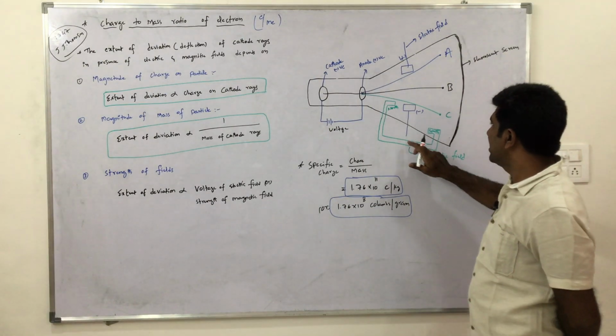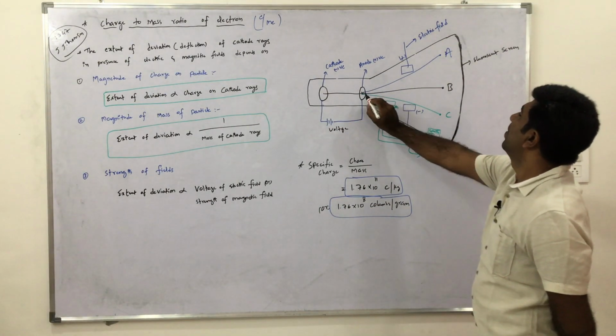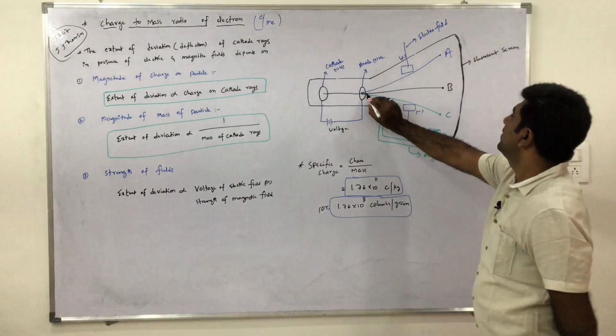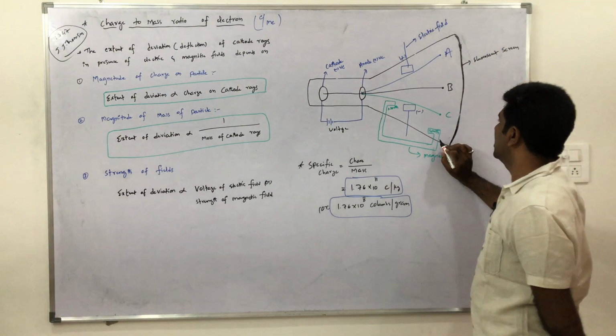One more experiment he did, that is he applied a magnetic field here. In this situation, cathode rays travel up to here in a straight line and deviate in the magnetic field.